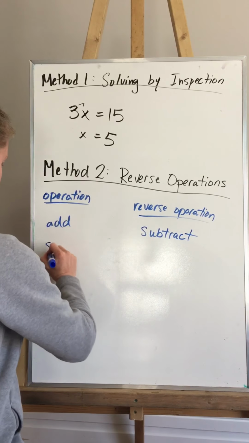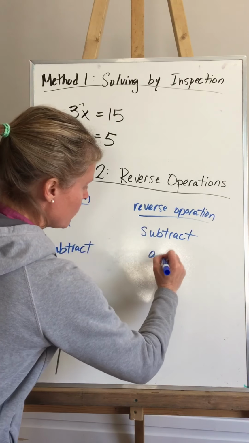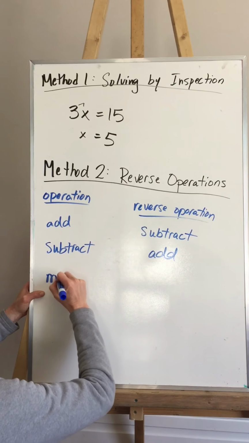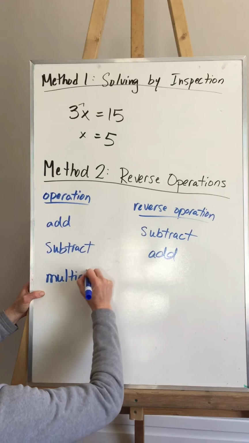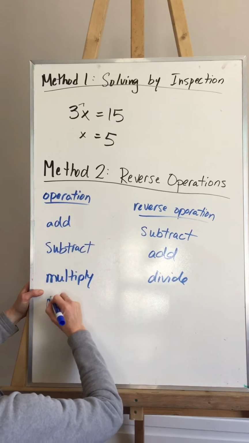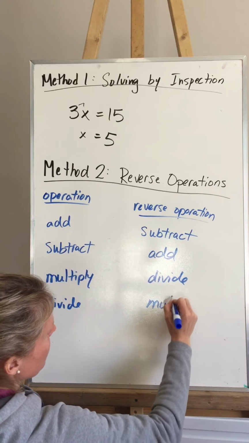If you are subtracting, okay, to do the reverse of that, you add. Multiply, you're going to divide to do the reverse. Okay, and if you're dividing, you're going to do the opposite, you're going to multiply.